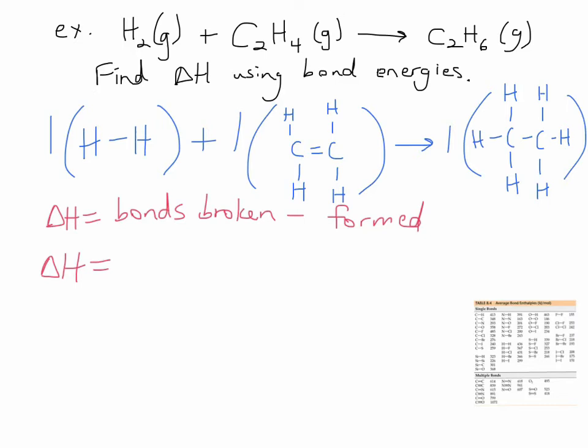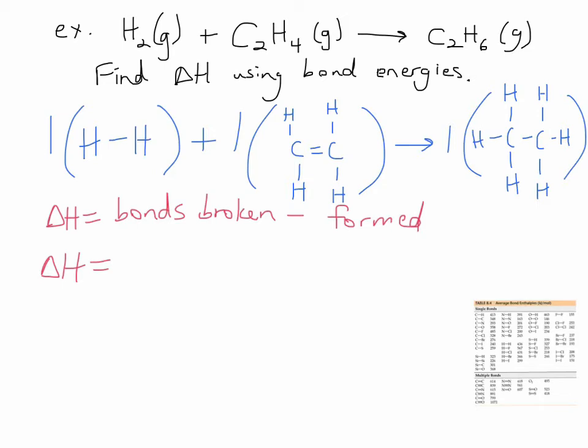But if you don't know the mechanism of the reaction, which you might not, you'll get this problem correct if you break all of the bonds in the reactants and form all of the bonds in the products. Therefore, the net bonds broken and formed will be accurate if you just break all of them and form all of them in your math.